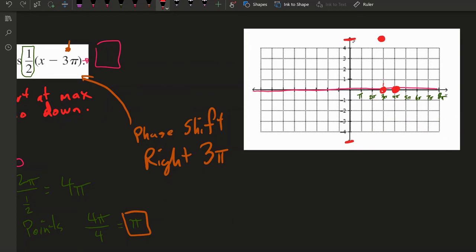And then 1 pi later, I'll go down to the minimum, back up to the midline, back up to the maximum, and then back down to the midline. So that means this one's going to be a very skinny wave. And then I can repeat this going backwards. Like this. I think a few periods is enough. And there we go.